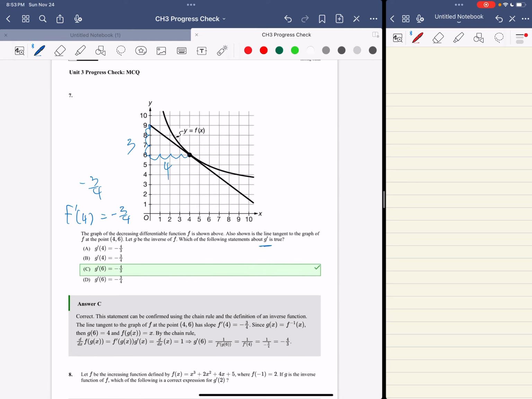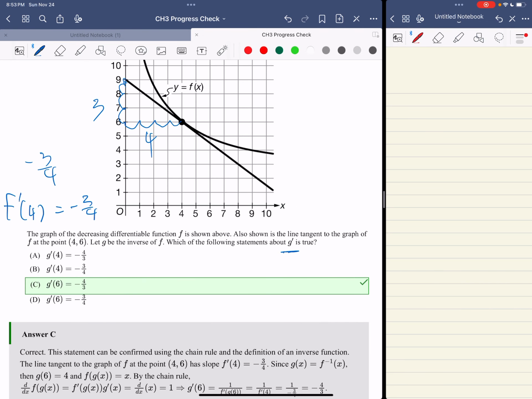It's not going to be too difficult. They are inverse relations to each other. So g of x is equal to f inverse of x. So g prime of x is equal to what? 1 over f prime of f inverse of x.